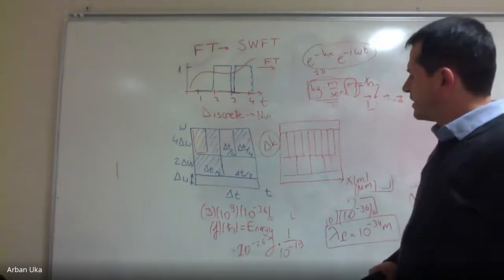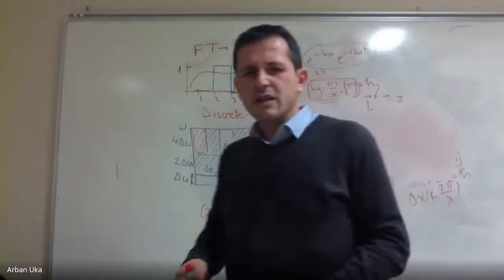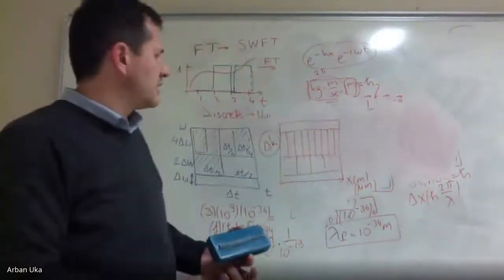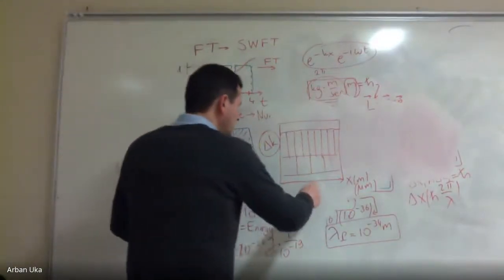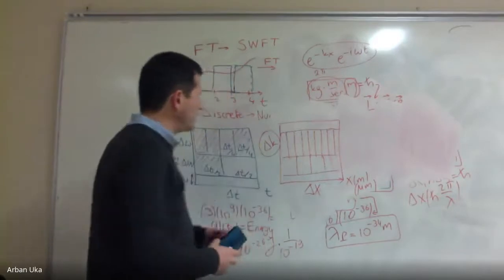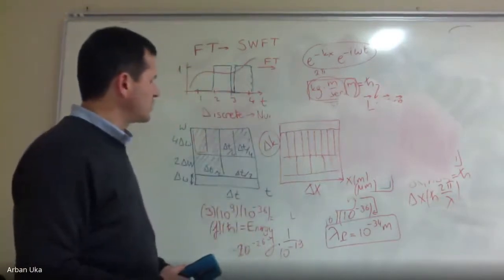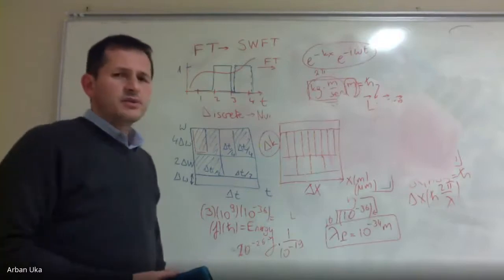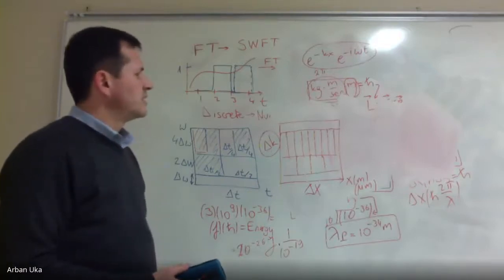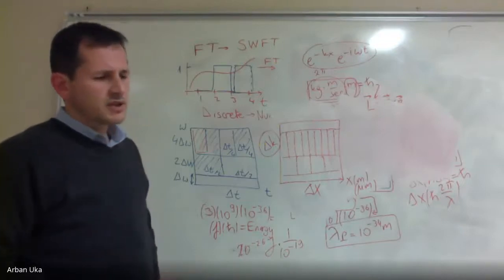So now, as an intuition, by understanding at least that there is a relationship between the resolution in one domain and the resolution in another domain, we can find usages of these approaches in interesting areas, where one of them is computational imaging.